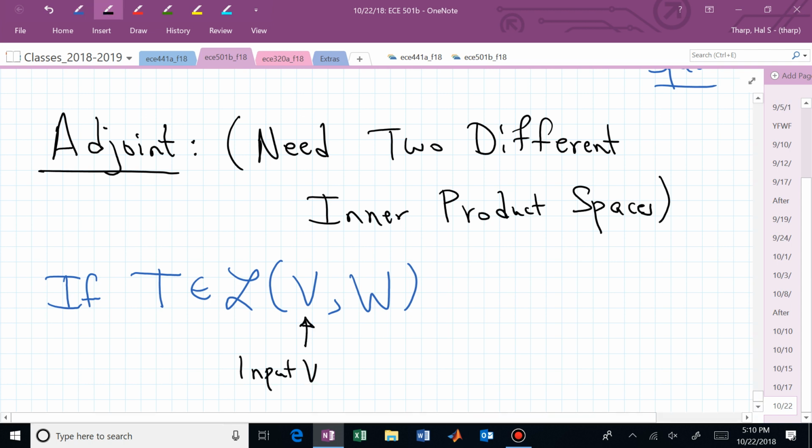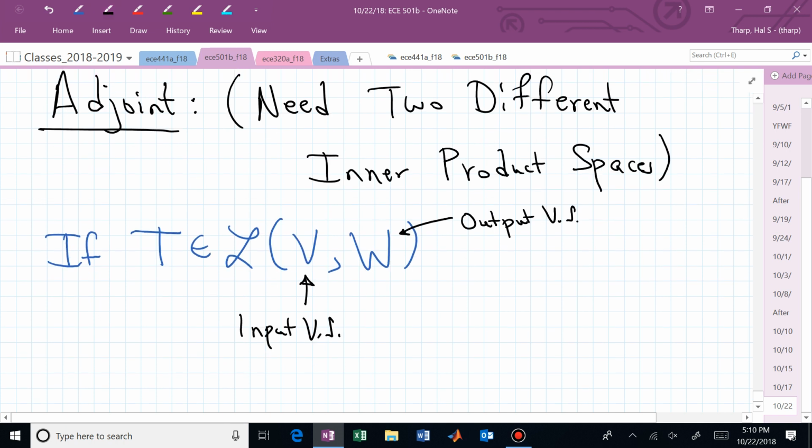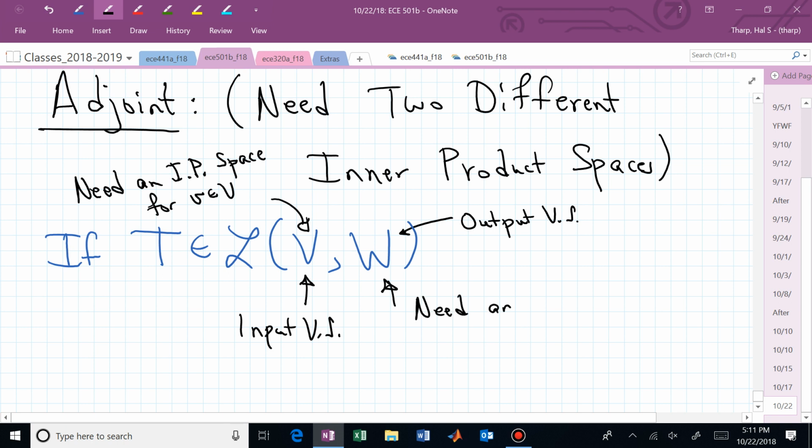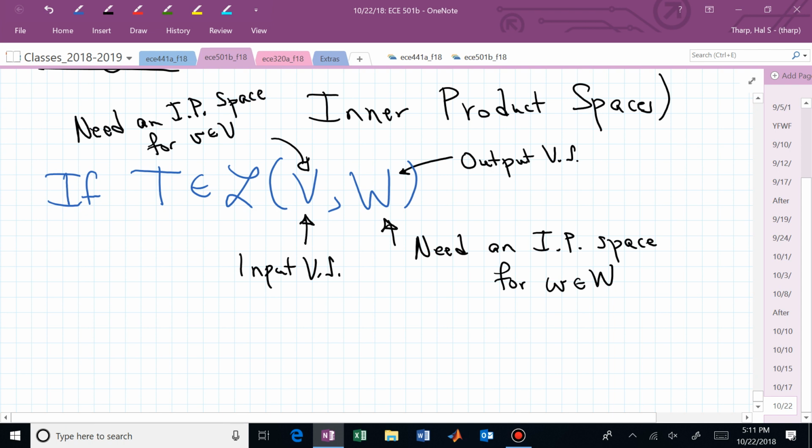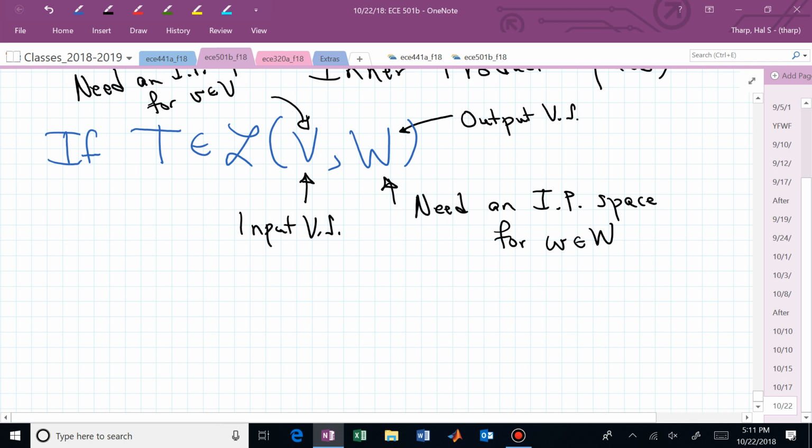Here's our input vector space, and here is our output vector space. But we need inner products on each of those two vector spaces. So this V is going to be an inner product space, with an inner product for all vectors little v in V, and we need an inner product space for vectors w that are in the big W. We still haven't finished this sentence; we're still on the if clause.